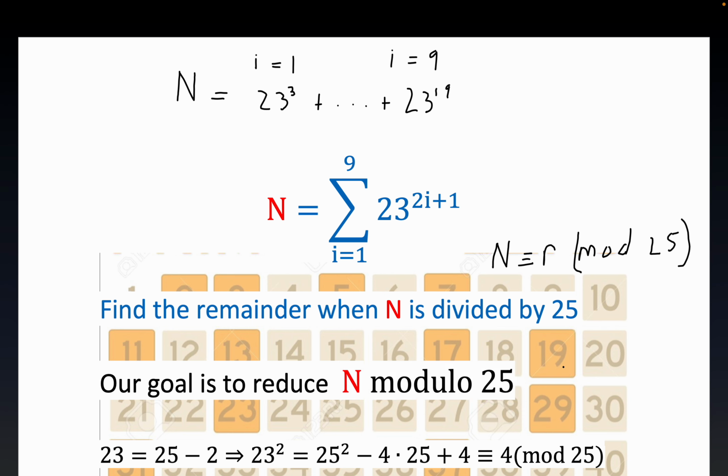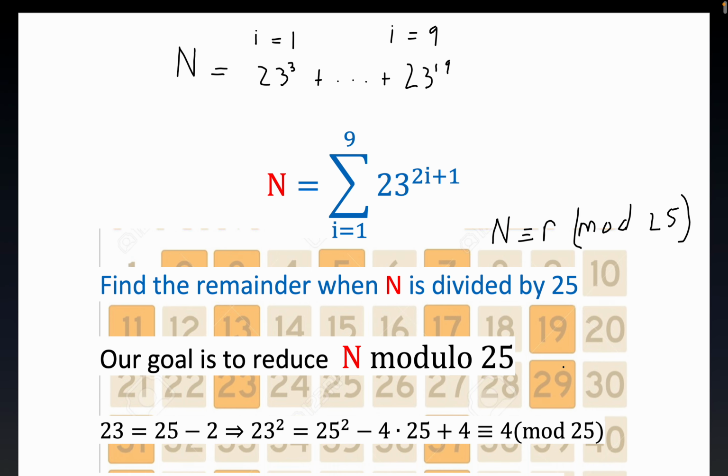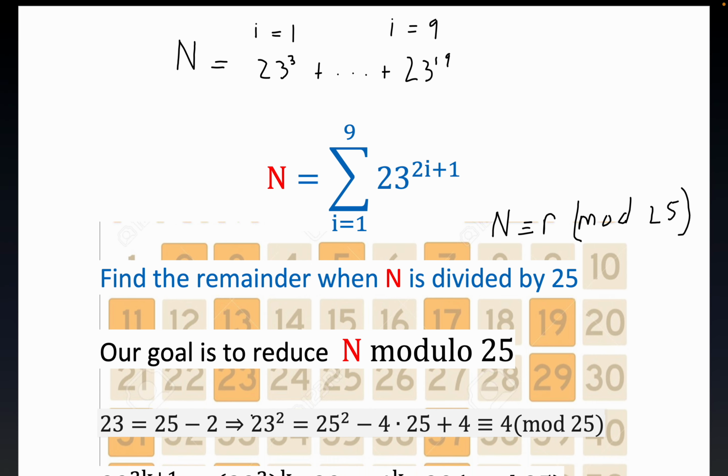All right, now the first big discovery is this part right here. 23 is equal to 25 minus 2. You see, math's not hard. And notice that when you square this, you're just utilizing the identity (a − b)² = a² − 2ab + b².